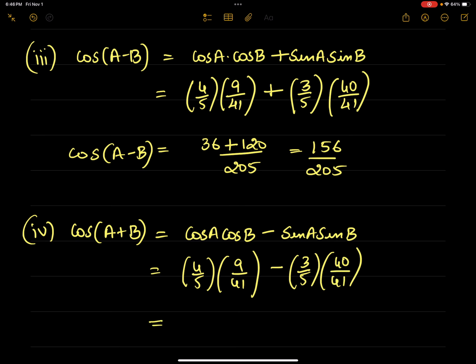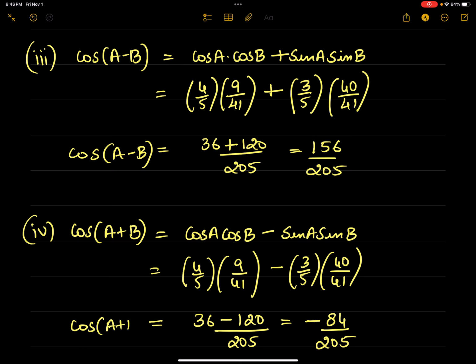Now the denominator would be 205. So this would be 36 minus 120, and this would be minus 84 by 205. That is the value of cos of A plus B.